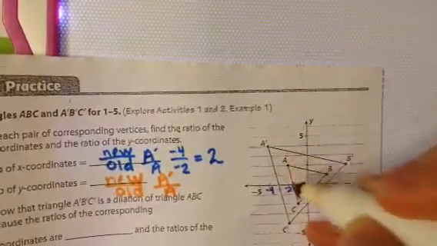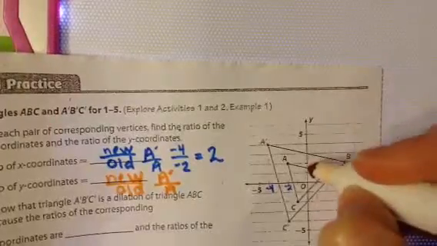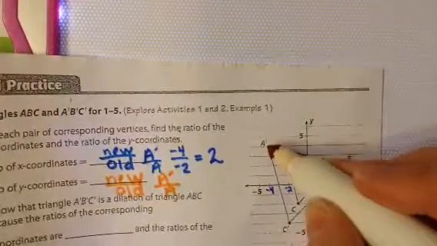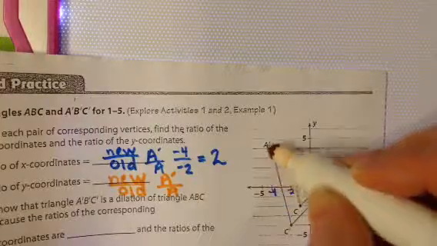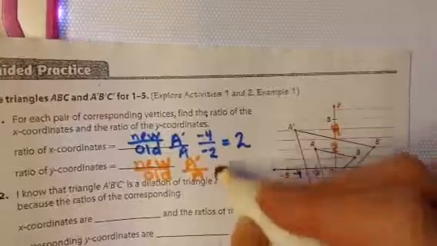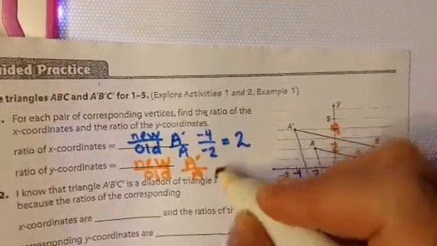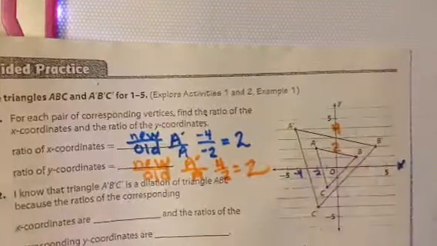To get to the original A, I had to go up 1, 2. To get to the new A, I have to go up 1, 2, 3, 4. So it was 4 over 2, which is still going to be 2.